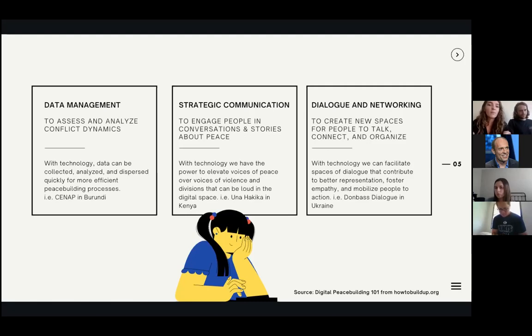So an example of a way that strategic communication is used for building peace is, this is a very specific application, but a platform called Una Hakika in Kenya. They had a problem with rumors or misinformation, which is also something that we see here in the US on our social platforms too. But essentially this platform worked.